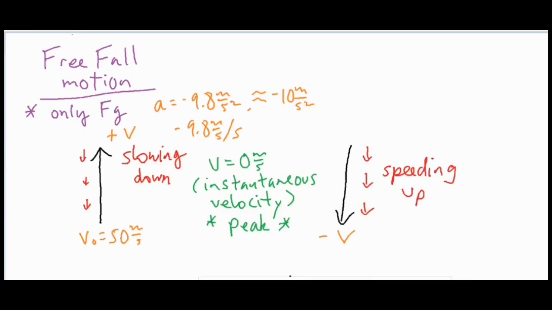Just so happens that if it gets popped up at 50 meters per second and then reaches ground level again, then your final velocity would be negative 50 meters per second. Same number and different sign.